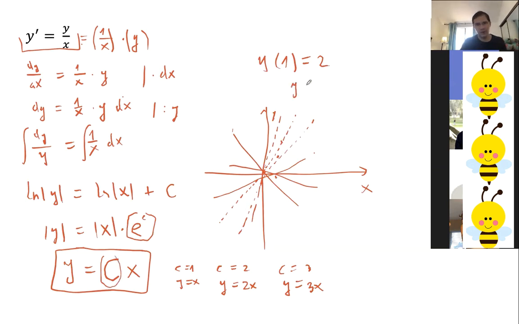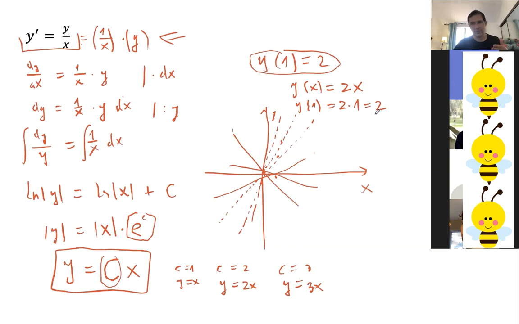So the function y of x equals 2x is a solution of this differential equation as well as satisfies this condition, because y of 1 is going to be 2 times 1, but 2 times 1 is 2. Okay, so that's an example, and that's what we mean by initial value problem.